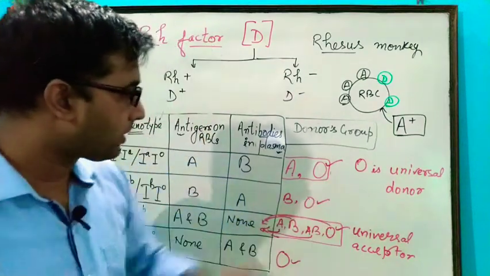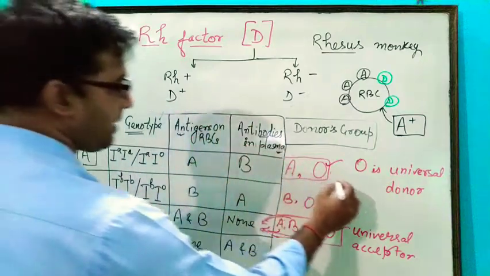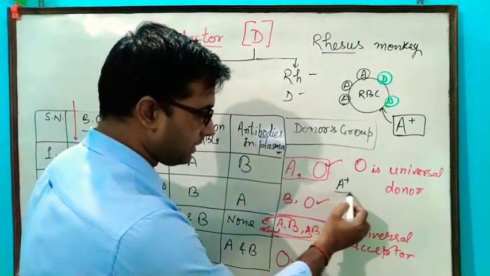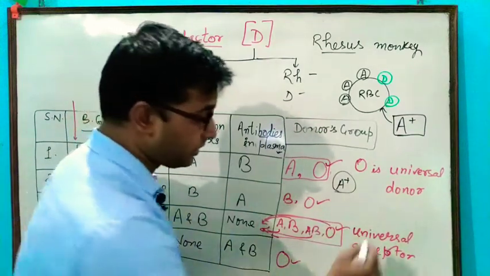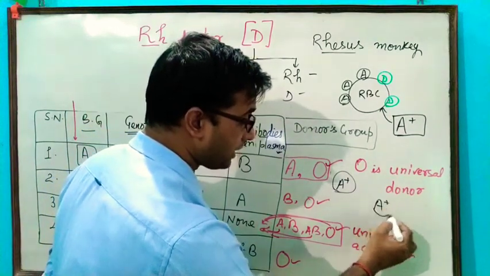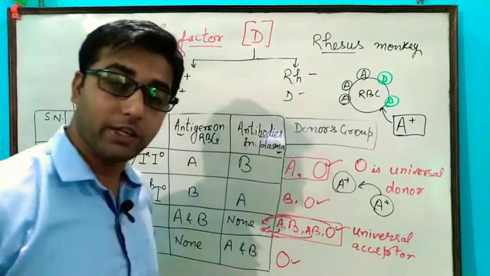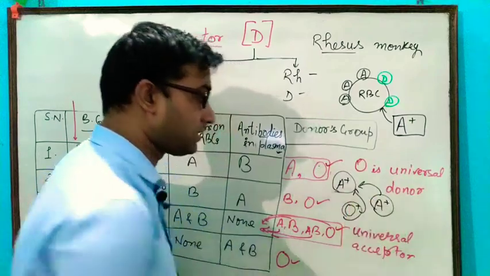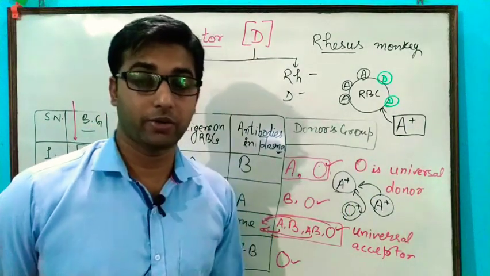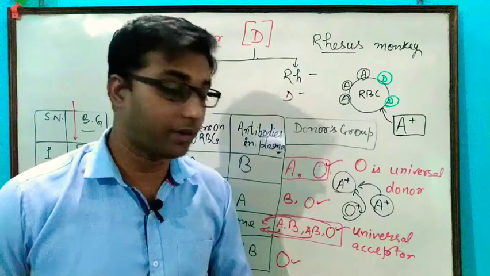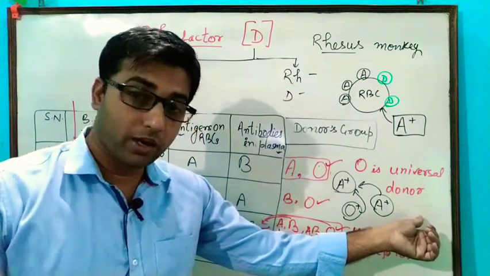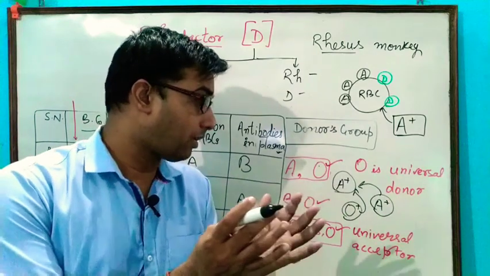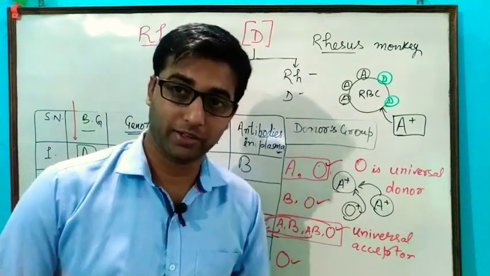So if the patient is A positive and requires blood, A positive will give blood very easily, or O positive will give blood very easily. But a person with A negative blood group cannot give blood to an A positive patient, as it may cause clumping or coagulation of the blood.